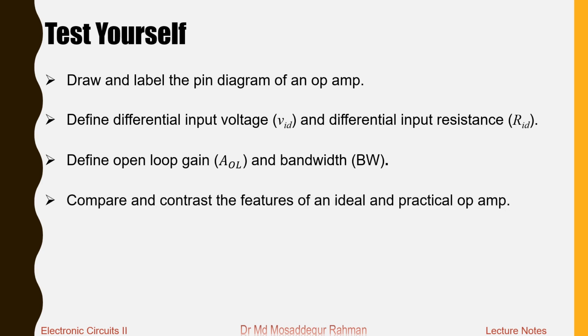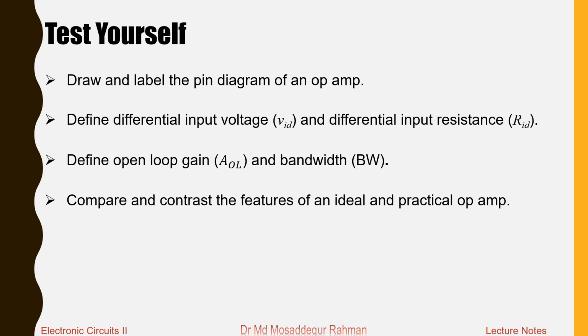And the features of the ideal and the practical op-amps, and how they differ. The op-amp, as we have said, is a specially designed amplifier that has properties which are much superior to those of a general purpose amplifier.